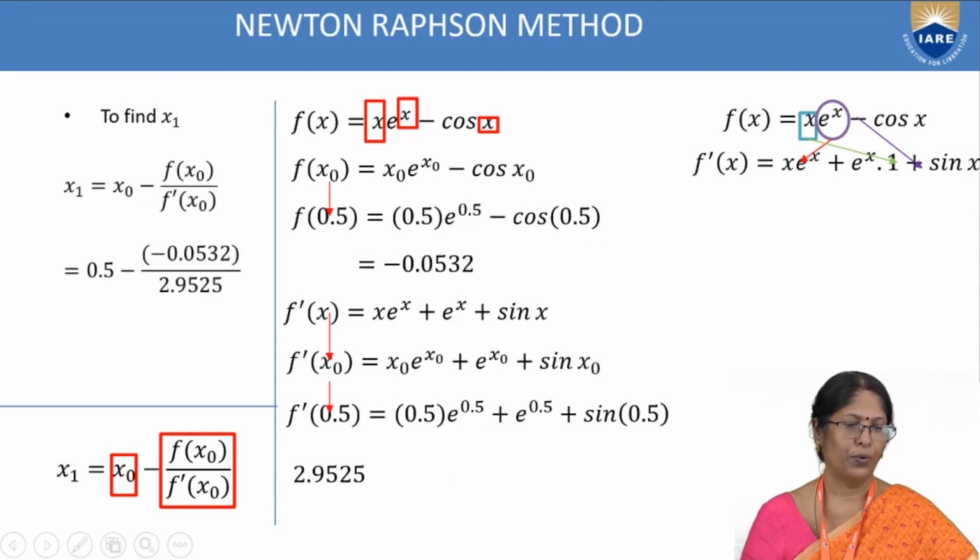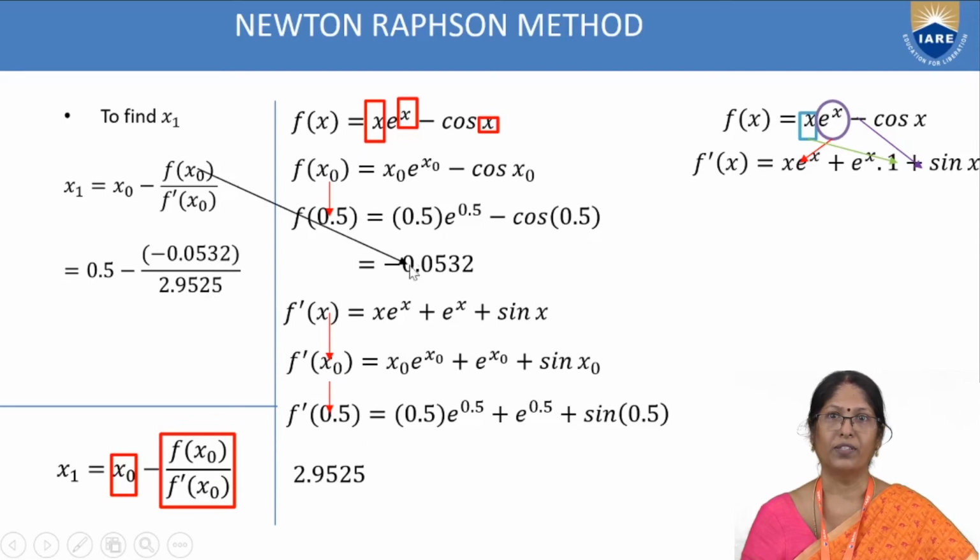So now you can see here we substituted in the formula, that is x naught minus f of x naught by f dash of x naught. So the values: 0.5 minus f of x naught, that is minus 0.0532, divided by f dash of x naught, it's nothing but 2.9525.